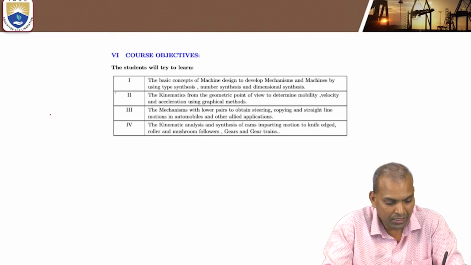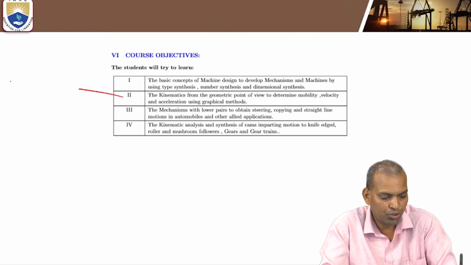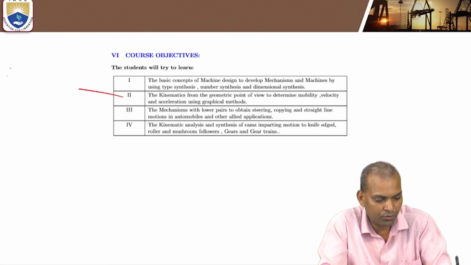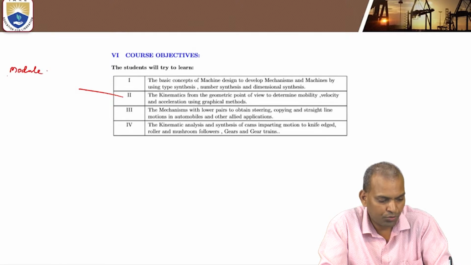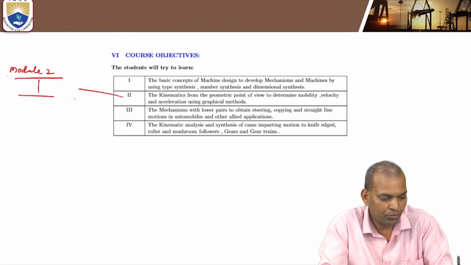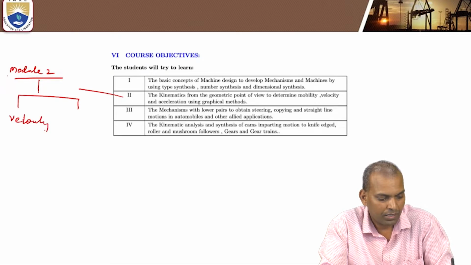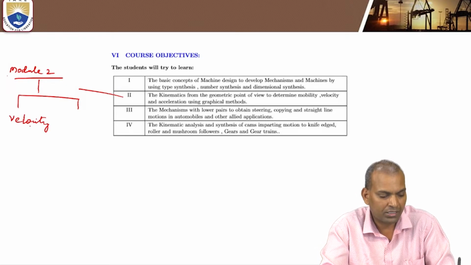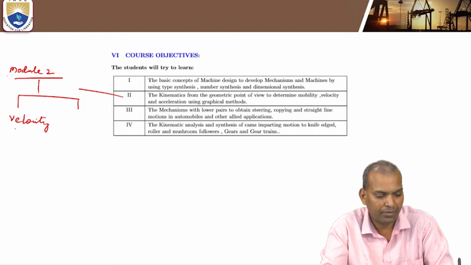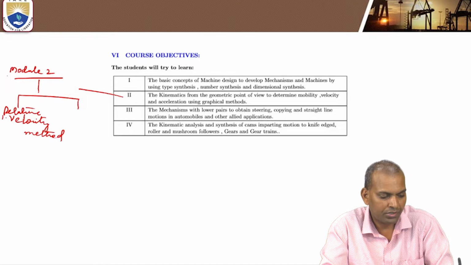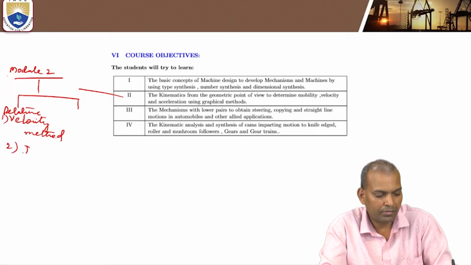The second objective is related to module 2. In module 2 we study velocity analysis, and there are 2 methods. Velocity analysis can be done by using the relative velocity method, and another one is the I-center method.